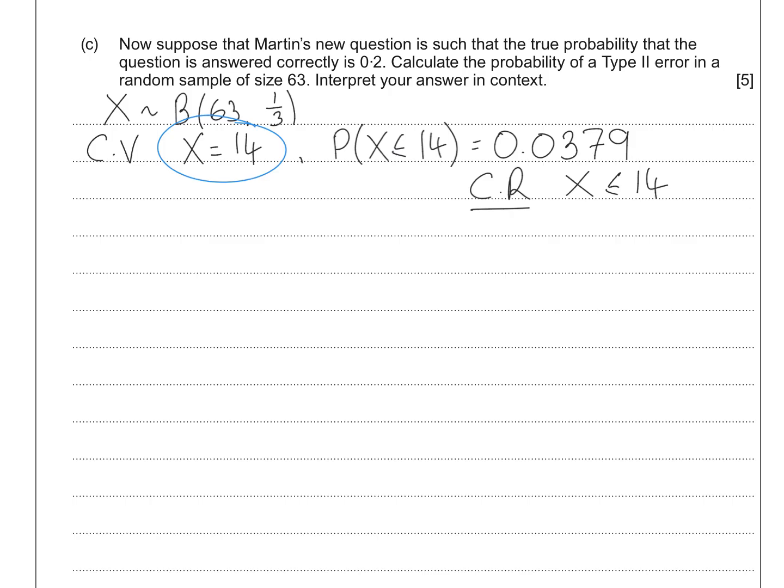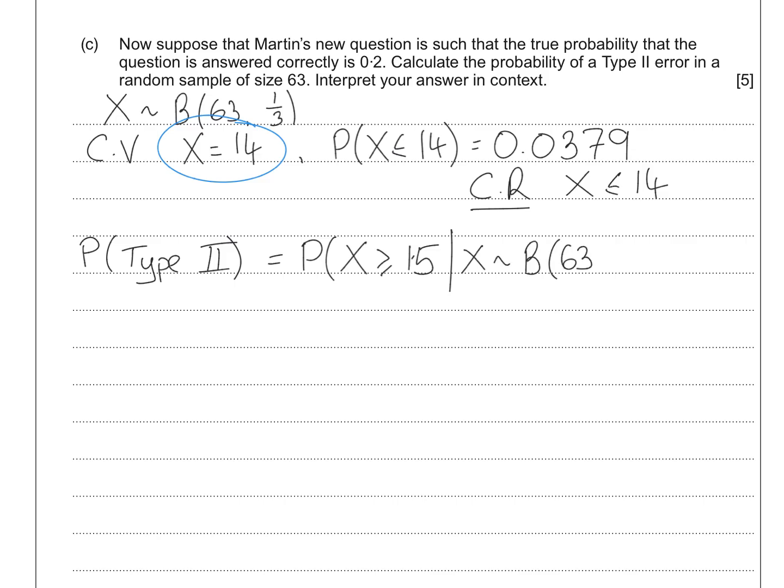So what I want is the probability of type 2 is going to be the probability of x being within the acceptance region, which is greater than or equal to 15, under the now correct distribution of x being binomial 63 trials, but with this 0.2.